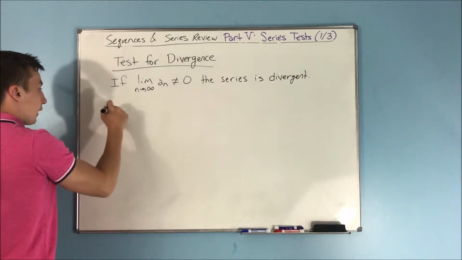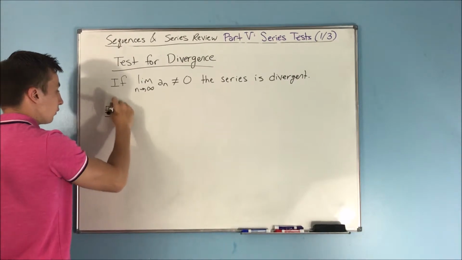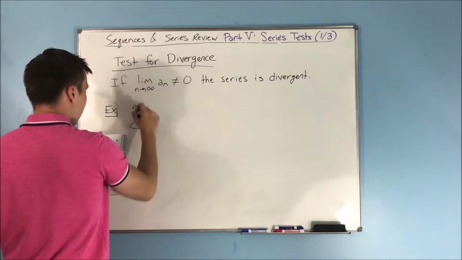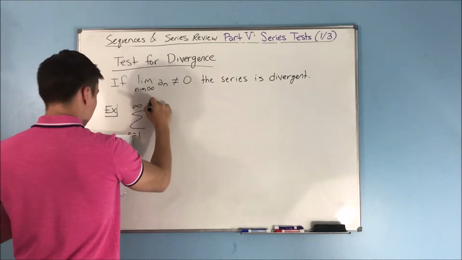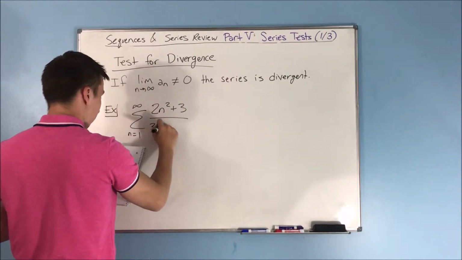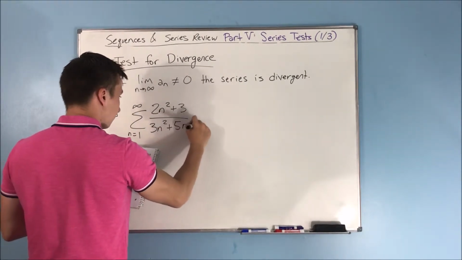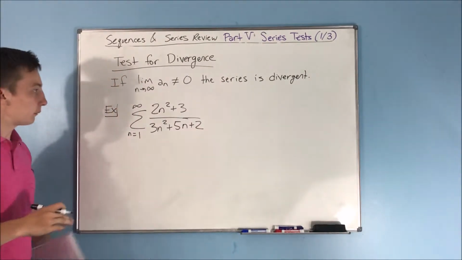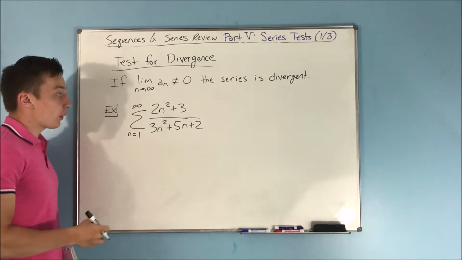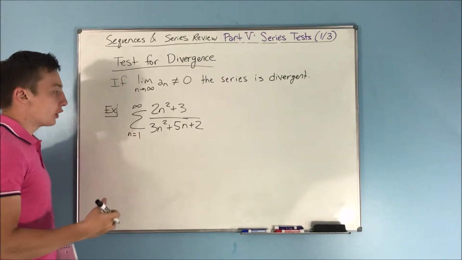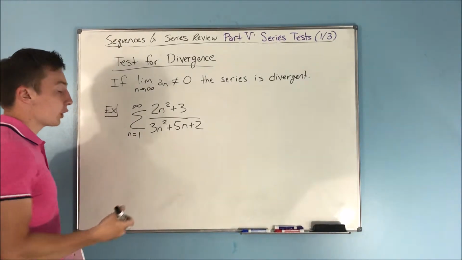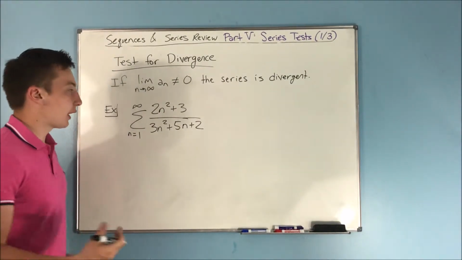All right, here's a quick example. If we had the sum from n equals 1 to infinity of 2n squared plus 3 all over 3n squared plus 5n plus 2, we can actually figure out if this is going to converge or diverge by the test for divergence.